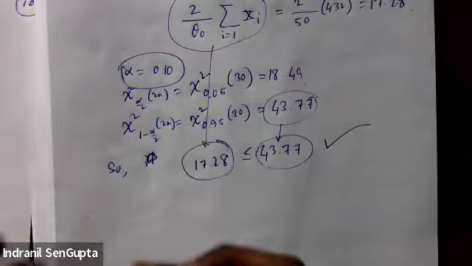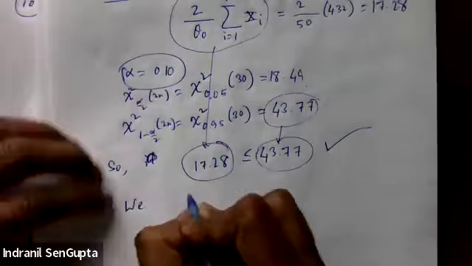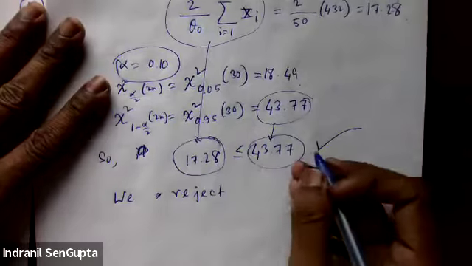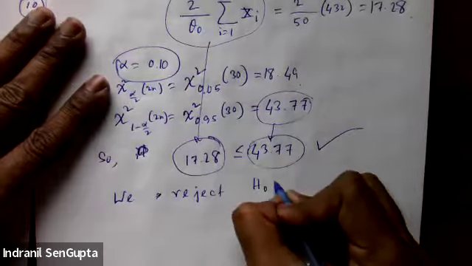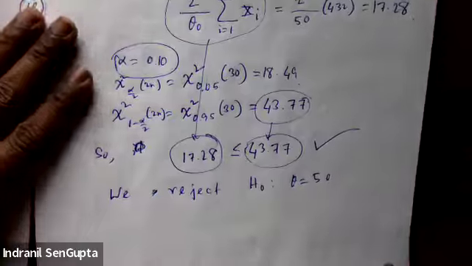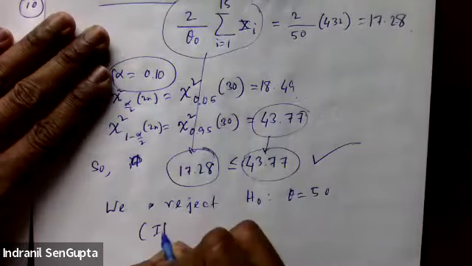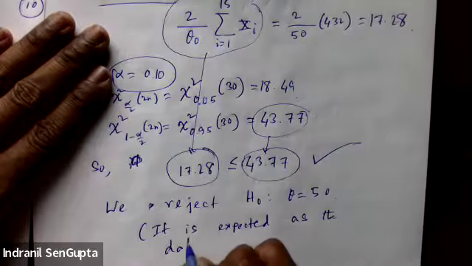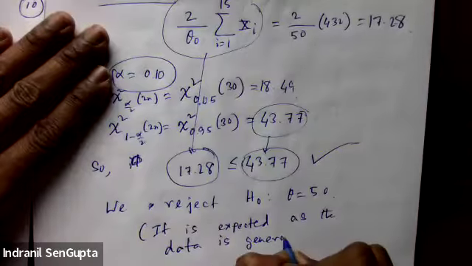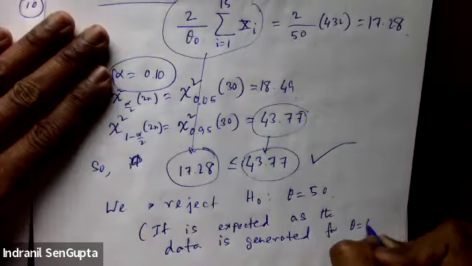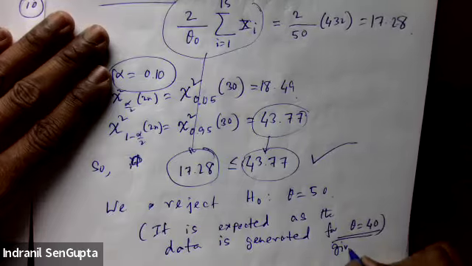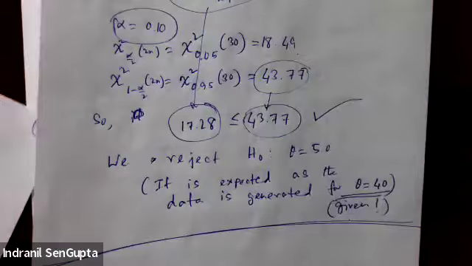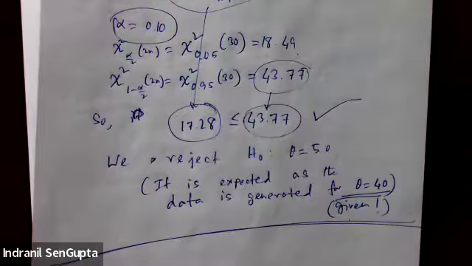So we conclude that we reject H0, which is theta equals 50, which is sort of expected, as the data is generated from theta equals 40. It's given. So this method is even more powerful when we don't know that information but still want to conclude something. That's the real power of this method.